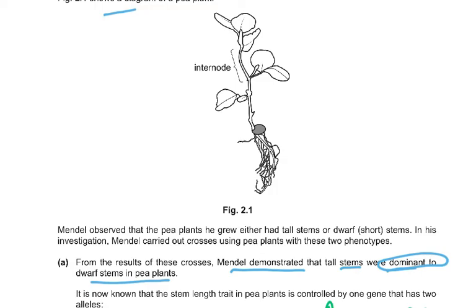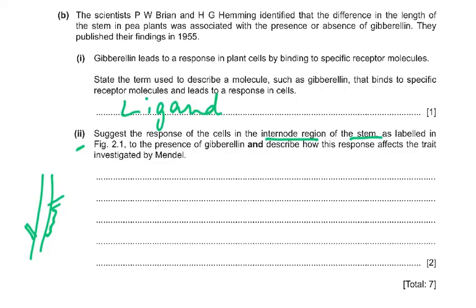Now they're asking you how the response affects the trait investigated by Mendel. I mean, what happens in the internode region for making it a tall stem? Very easy, cell elongation. But you could have said increased cell division or mitosis, and then cell elongation occurs and the plant stem grows taller.